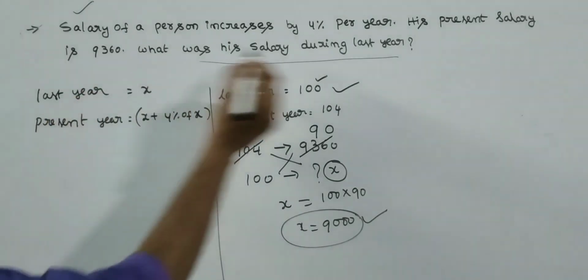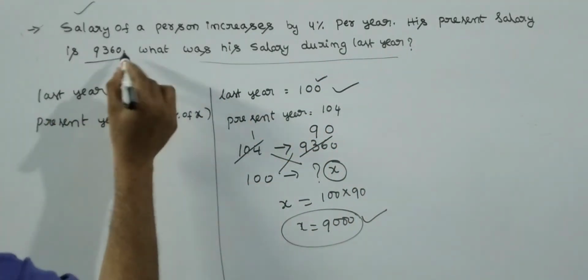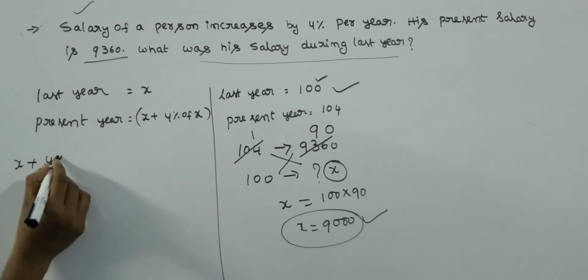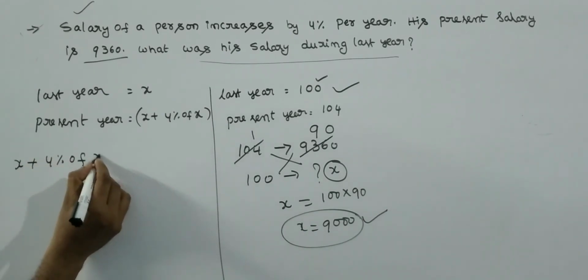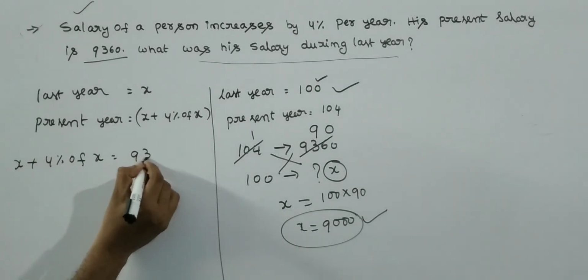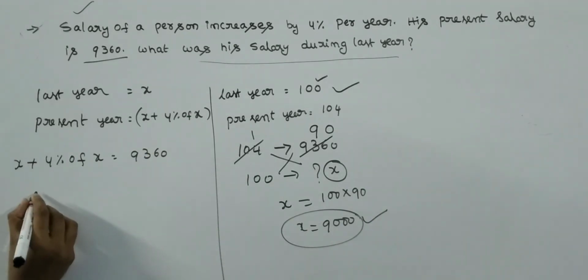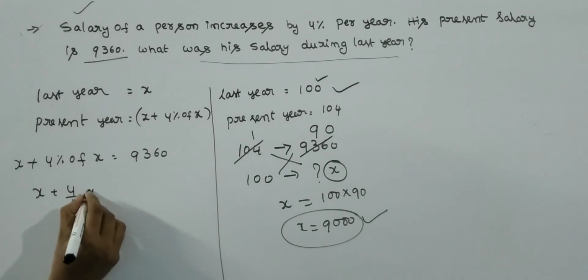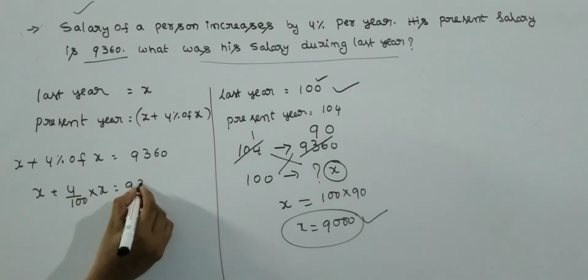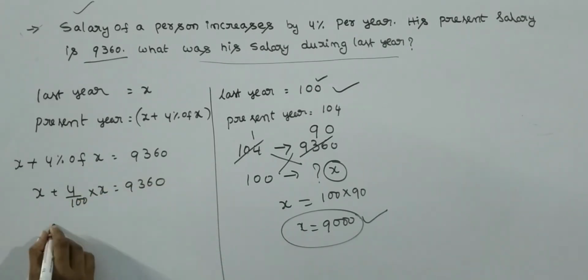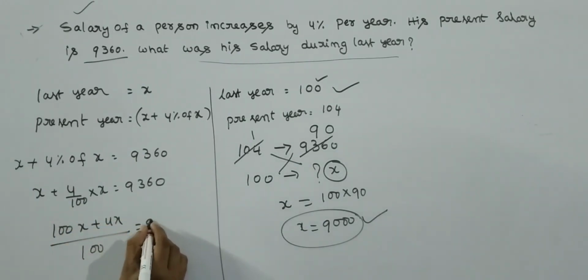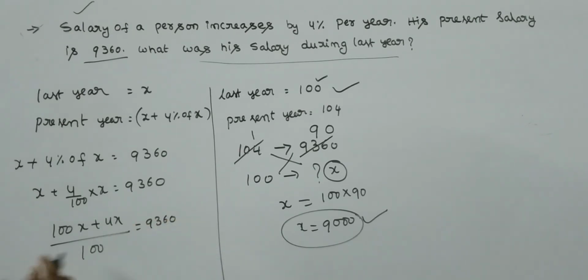See friends, actual present year salary how much? 9360. That means x plus 4% of x equals 9360. Go for calculation. x plus 4 by 100 into x equals 9360. So 100x plus 4x by 100 equals 9360.